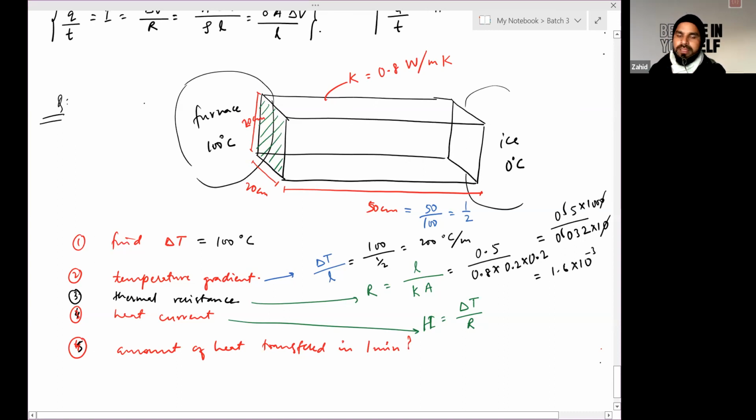Length per kA. Then put in this last part, delta T is 100 degrees Celsius and resistance is 1.6 into 10 to the power minus 3. Just simplify it, you'll get heat current.